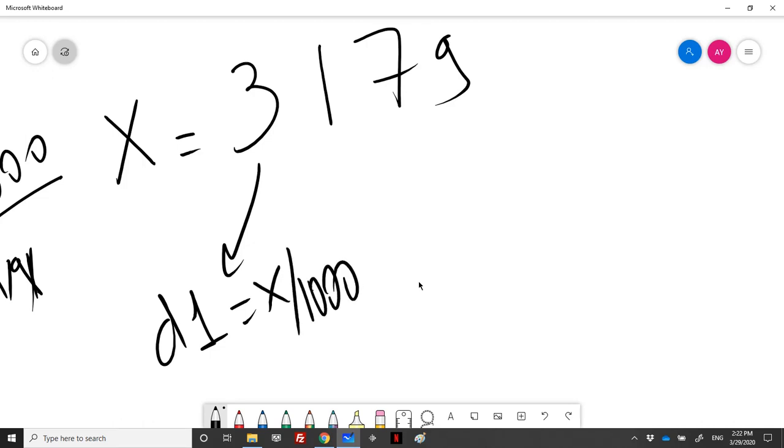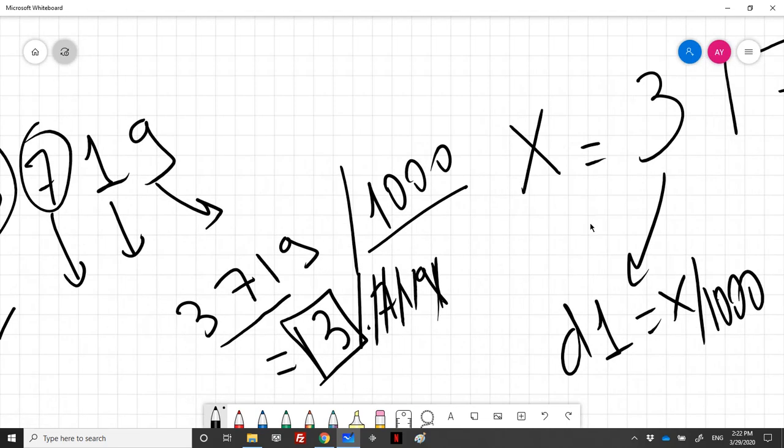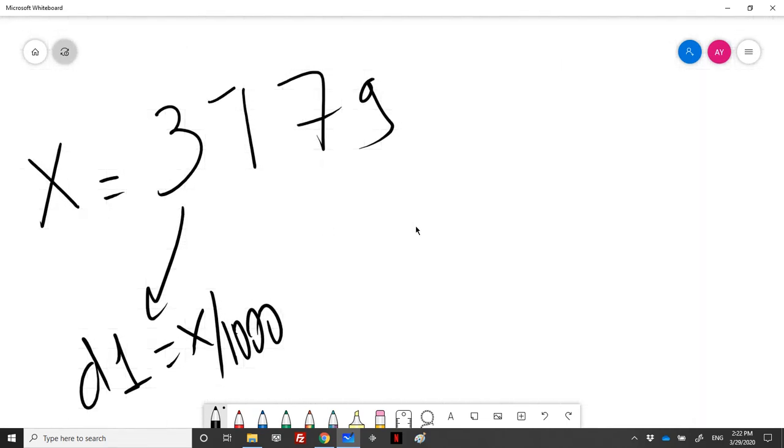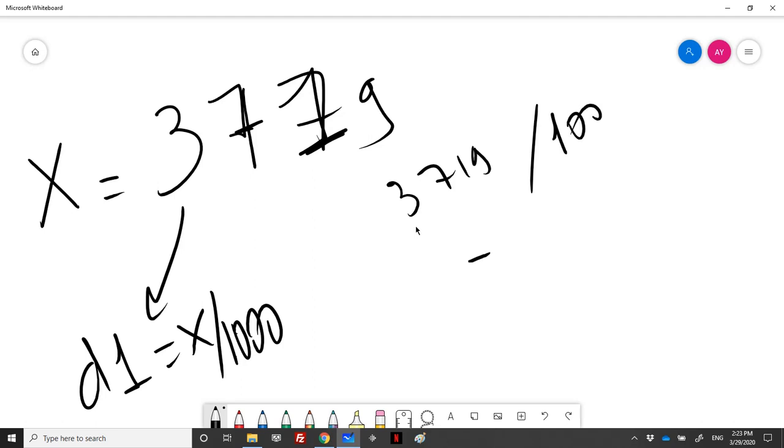How can I get the number 7 here? It's 3719. Okay, 37, and here we have 1. If, for example, I divide 3719 over 100, I will get 37 in C. So with 37, I can subtract 3 multiplied by 10.